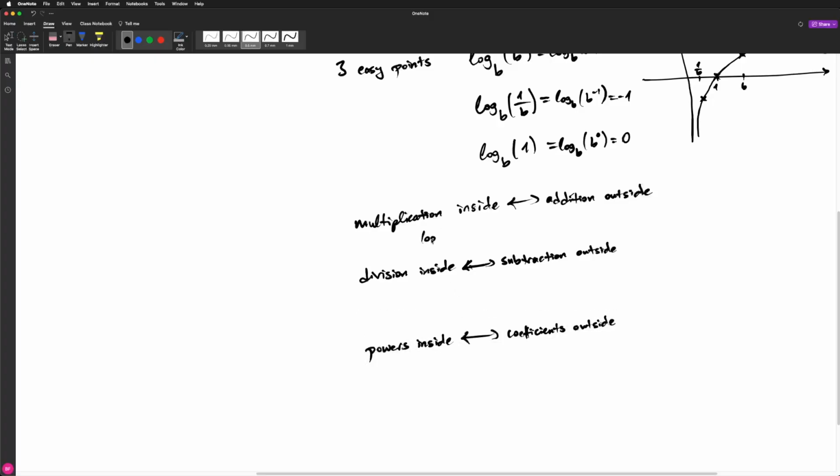So logarithm of m times n with respect to base b is the same thing as logarithm of m, find the outputs and then add them, same base. Division inside: if you have a division inside a logarithm, then you find the outputs first.